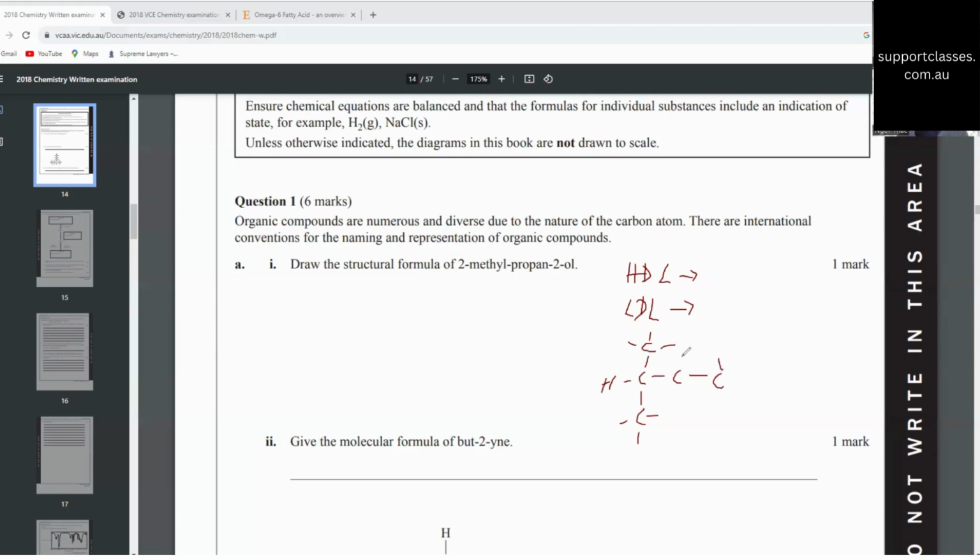See, these alkyl groups have a lot of branches.